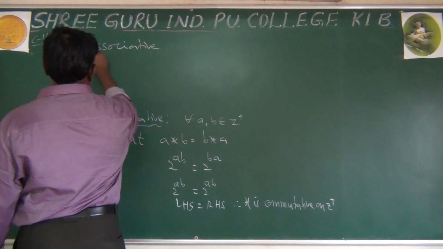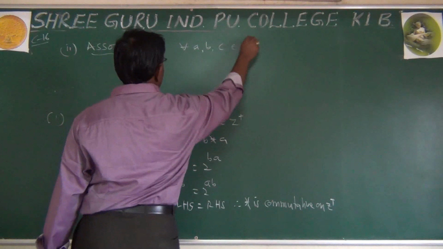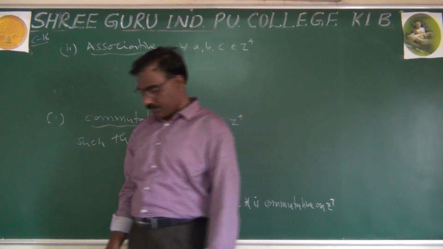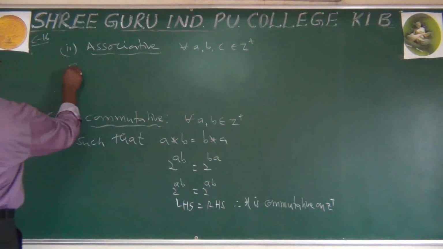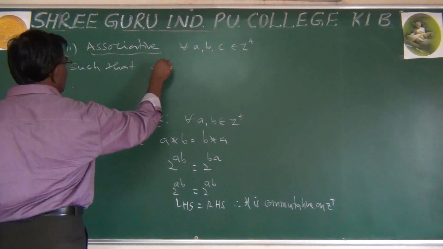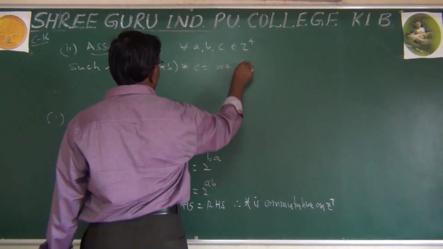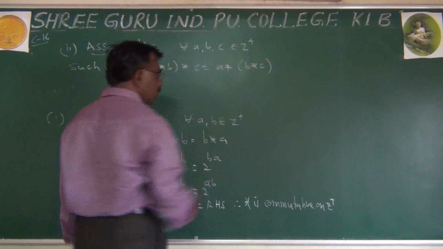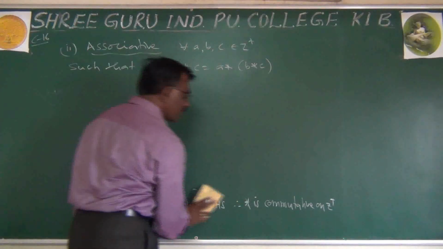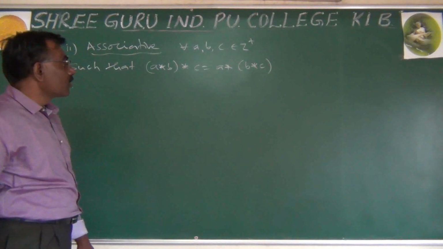For all A, B, C belonging to Z plus, in associative we have to select three elements, such that A star B star C equals A star of B star C. This is the associative property. You have to prove whether it is equal or not.